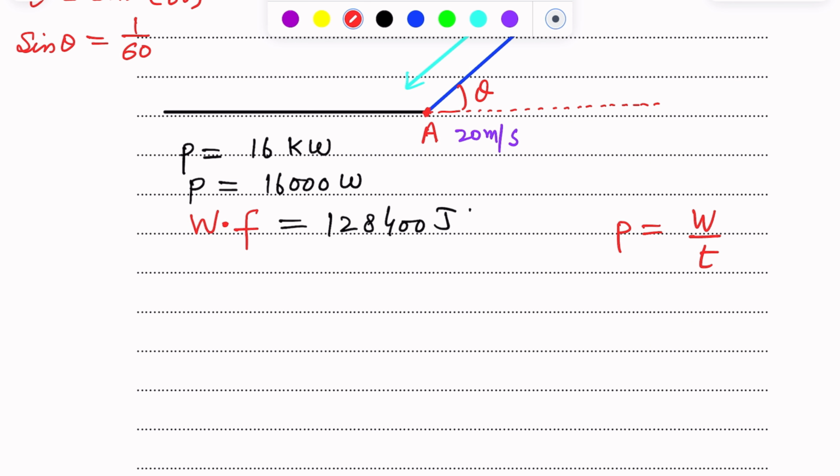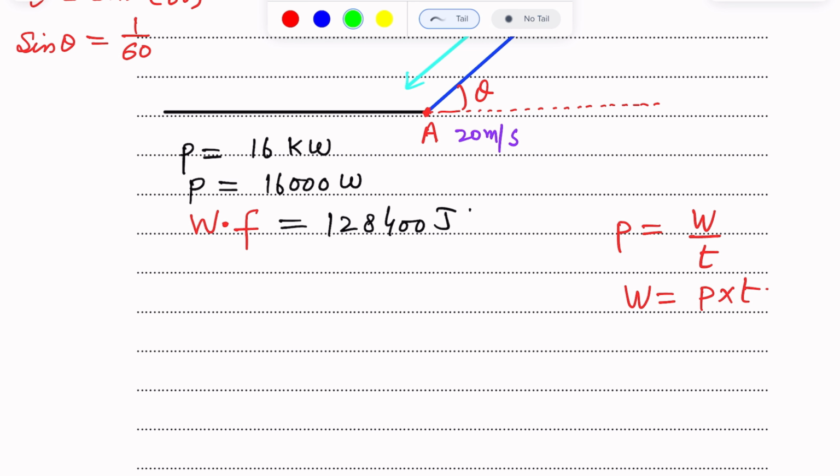W over time is power. So from here, this W shows the work done by the driving force. So the work done by the driving force will be P into T.